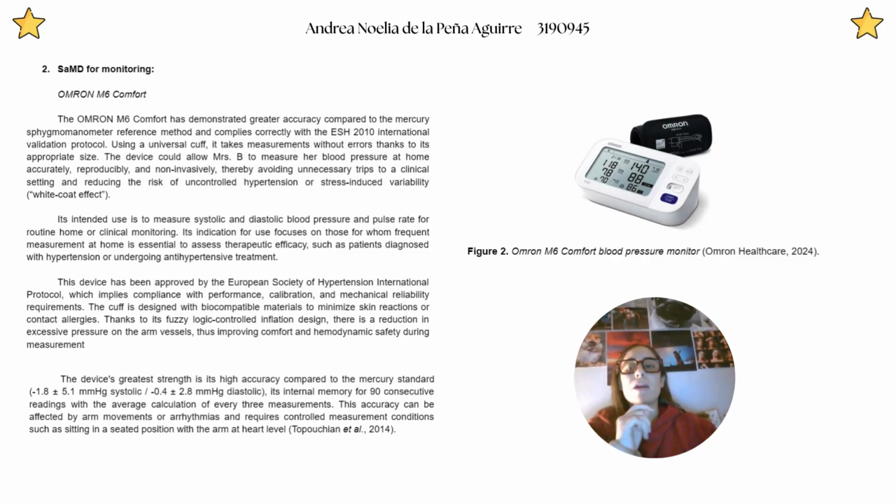Its cuff uses biocompatible materials, and the physiologic control inflation system ensures comfort and safety. Its internal memory stores up to 90 readings and calculates averages, providing reliable long-term monitoring. Limitations include sensitivity to arm movement and arrhythmias, so correct measurement posture is essential.